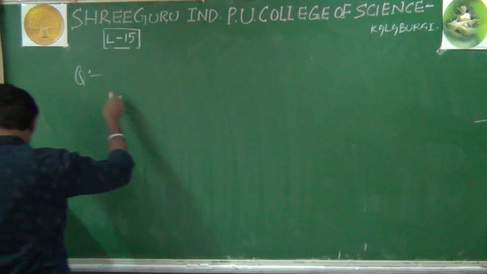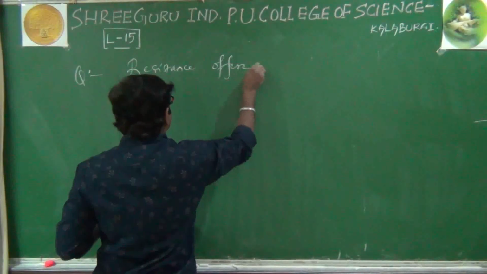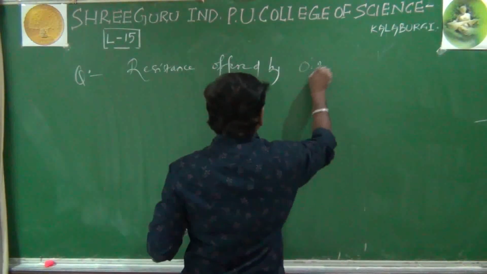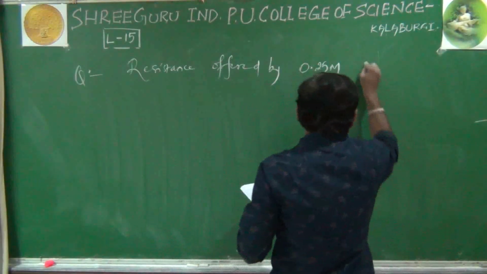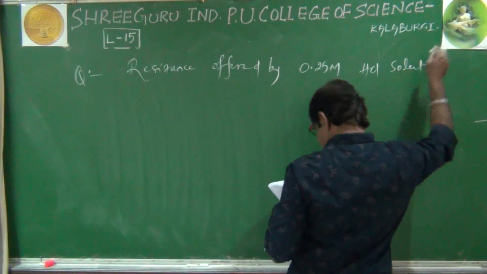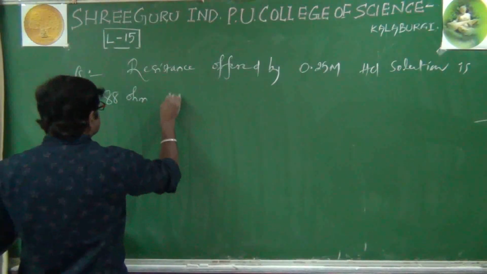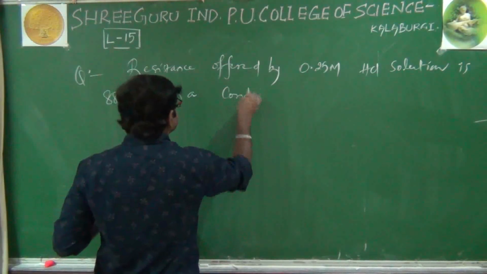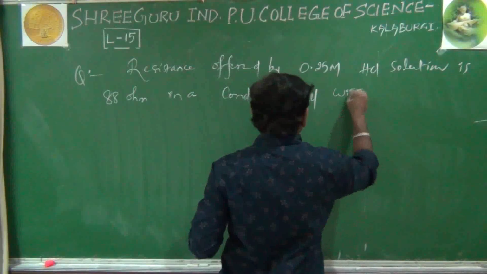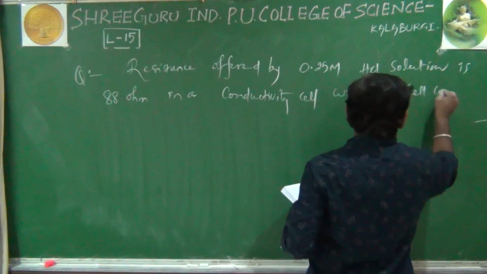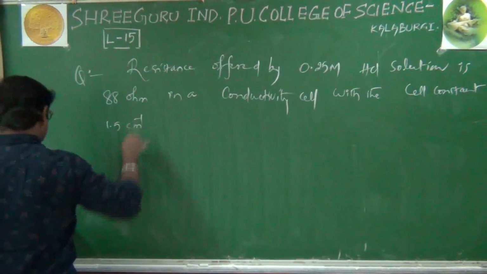The question is like this. Resistance offered by 0.25 molar HCl solution is 88 ohms in a conductivity cell with the cell constant 1.5 per centimeter.